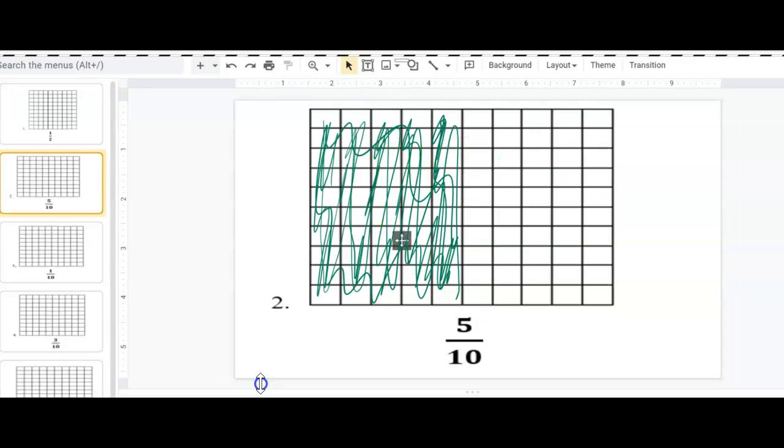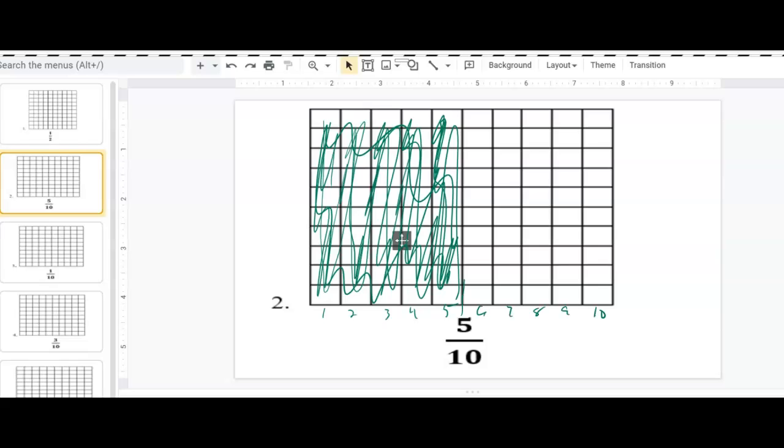And let's take a look at our 5/10. Now, once again, there are 10 different columns and there are 10 rows. So your goal is to shade in 5 out of the 10. So when we look at the columns, 1, 2, 3, 4, 5, 6, 7, 8, 9, 10.